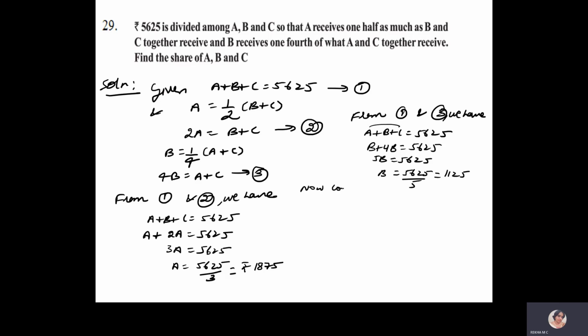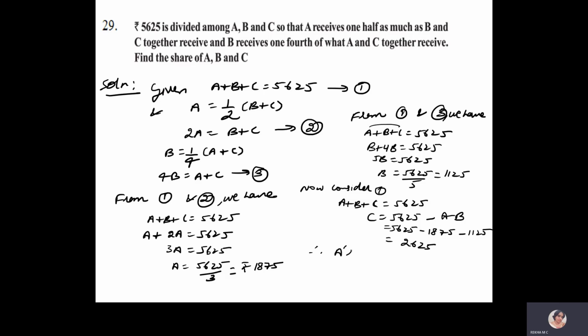So now consider 1, A plus B plus C is equal to 5625. So we should find out C now. C is equal to 5625 minus A minus B, that is 5625 minus 1875 minus 1125, that is equal to 2625.